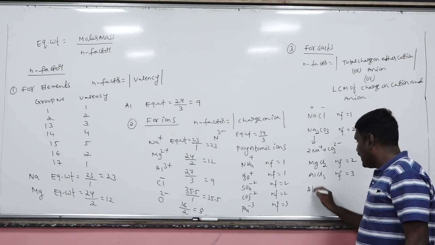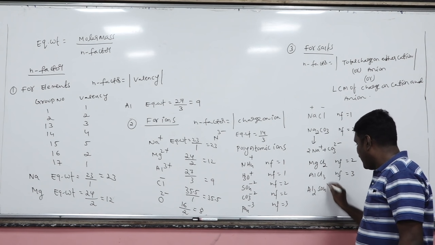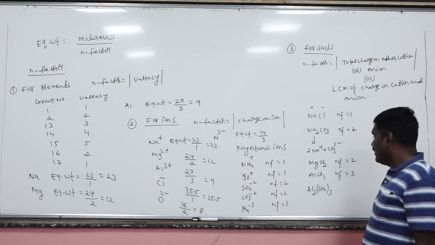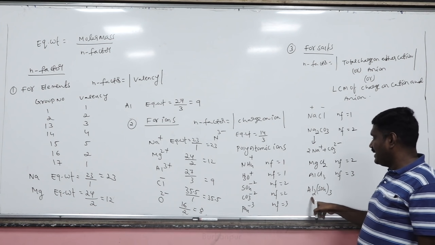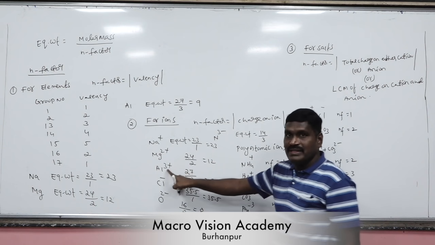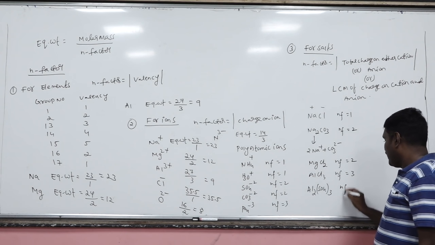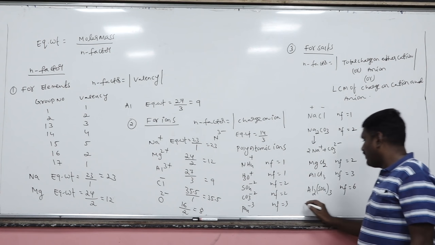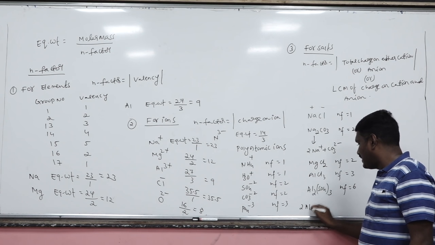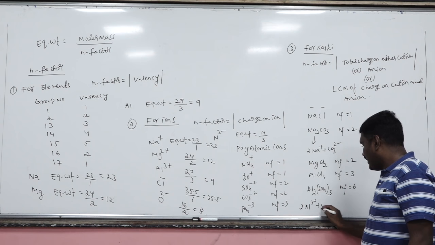AlCl3, its n factor is equal to 3. Let's suppose aluminum sulfate is there. Each aluminum has valency 3. So total 2 aluminums are there, valency 6. Are you getting my point? It contains 2 Al3+ ions and 3 sulfate ions.